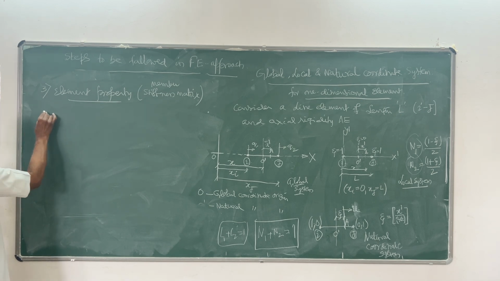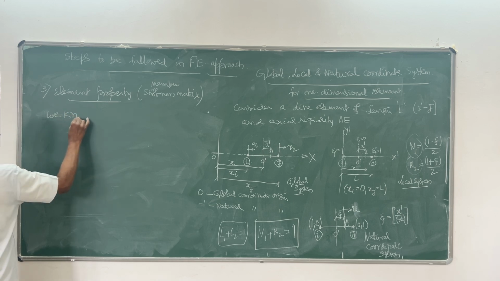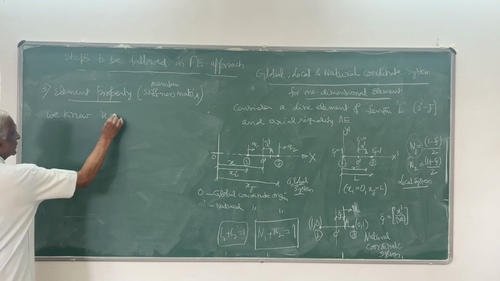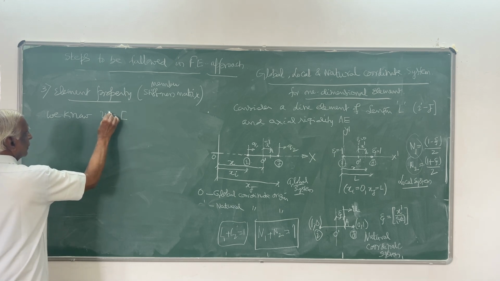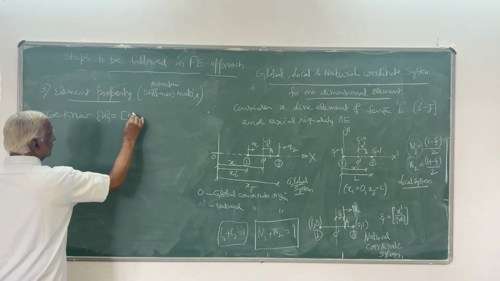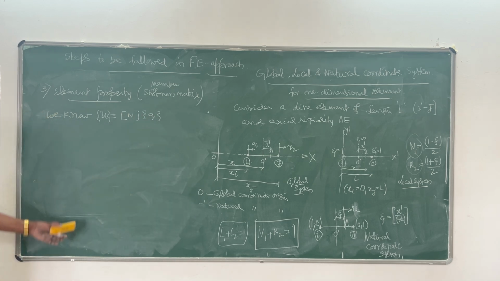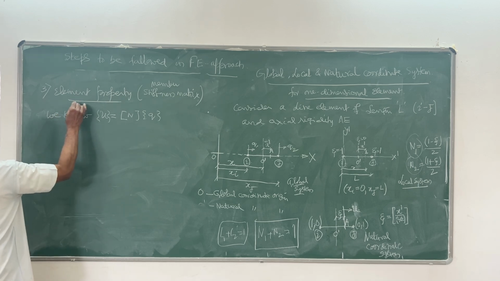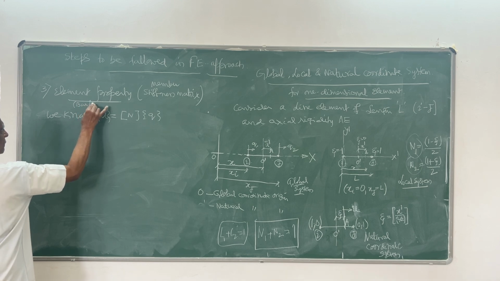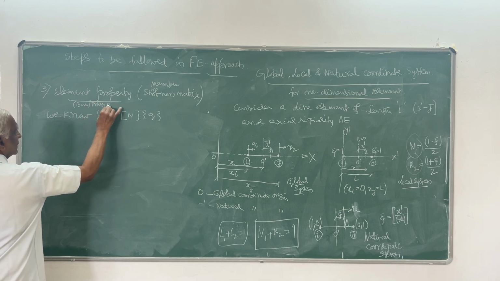So, u is equal to, we know, u is equal to N Q. That just now I explained, displacement at any point u for bar or truss element.